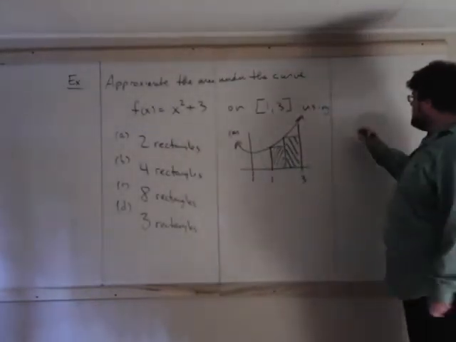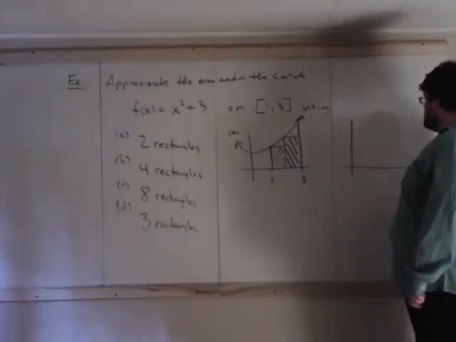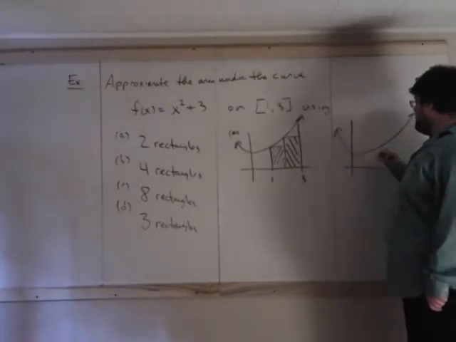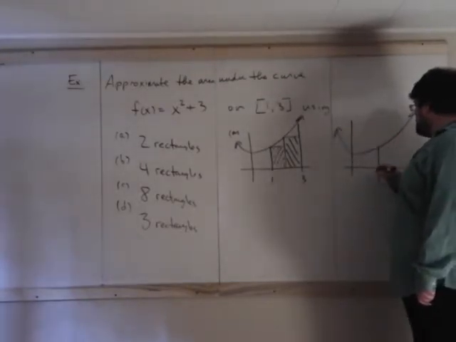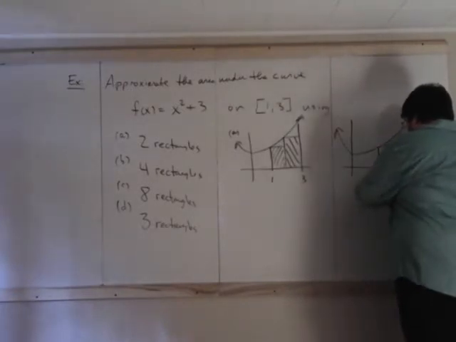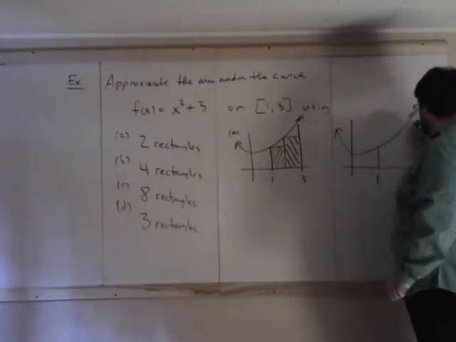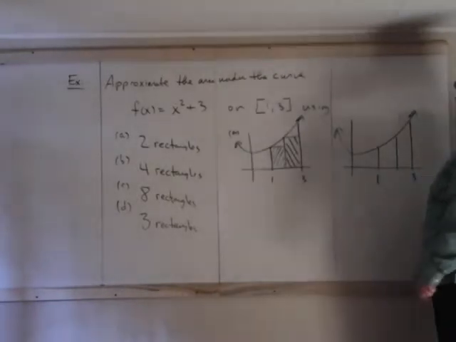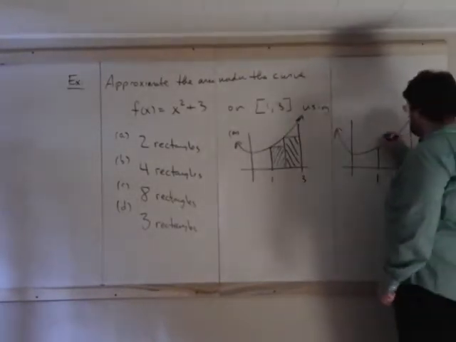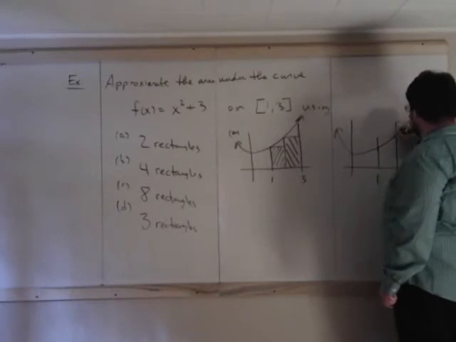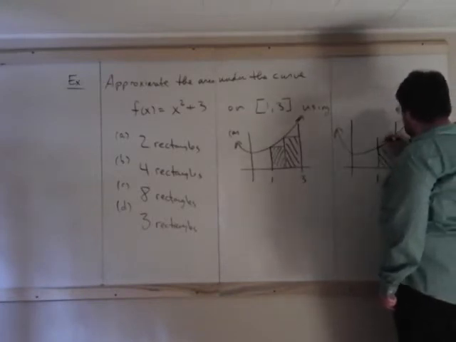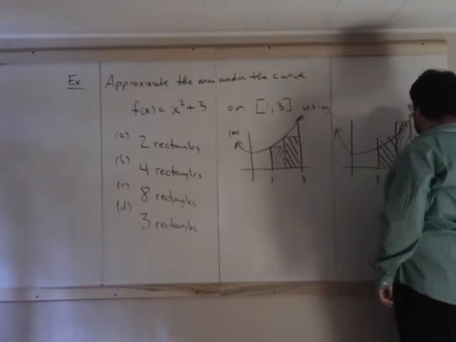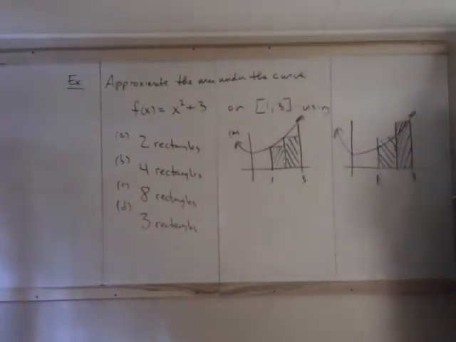Let's also make the other rectangles for the other approximation. There's 1. I should probably make 1 look like 1 looks over there. So 1. There's 3. We're going to divide that into 2 pieces, and we're going to form rectangles using the right endpoints over here. So on this board, we use the left endpoints. On this board, we use the right endpoints.